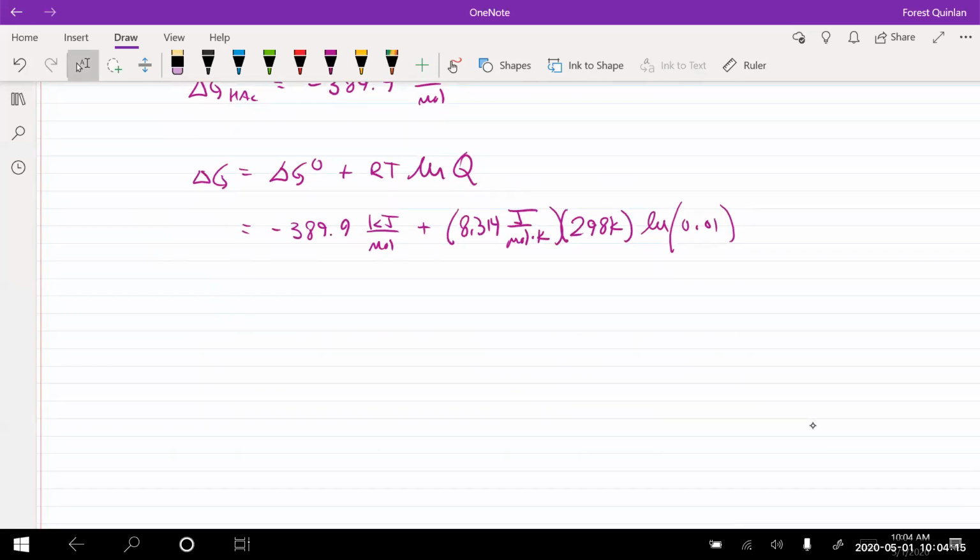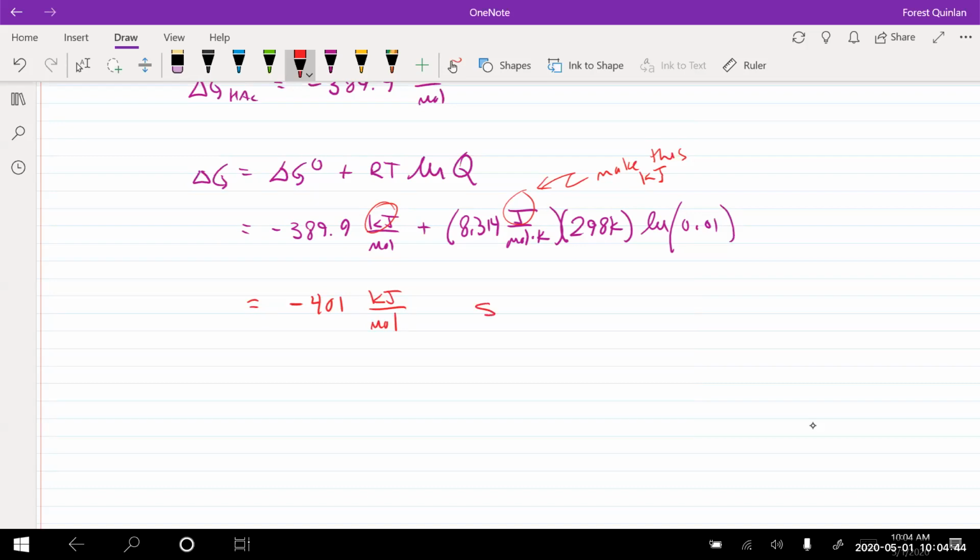And of course, remember, I've got kilojoules and joules, so make this kJ if you want. If you do that, you'll end up with negative 401 kilojoules per mole.